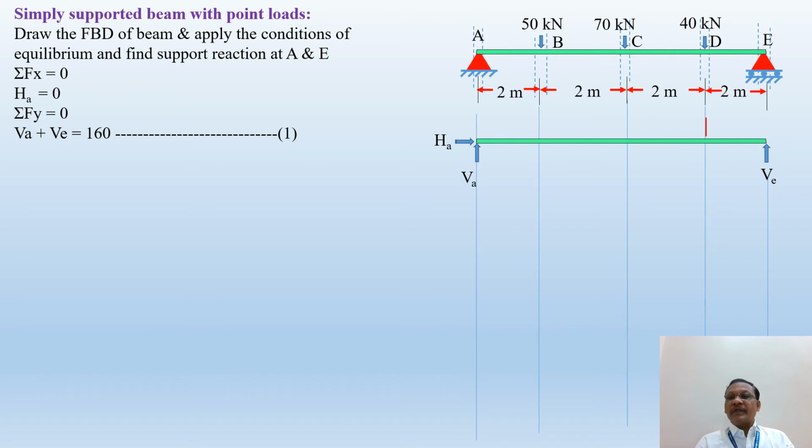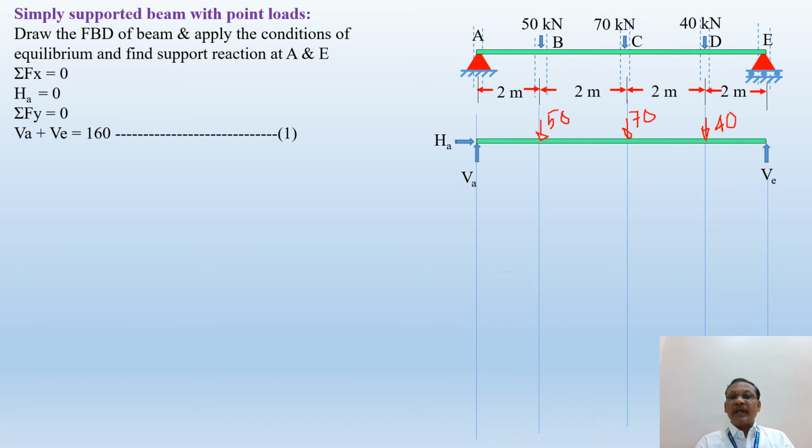So this is 50 kilonewton, this is 70 kilonewton, and this is 40 kilonewton, correct?